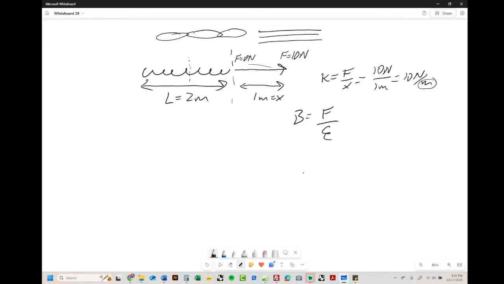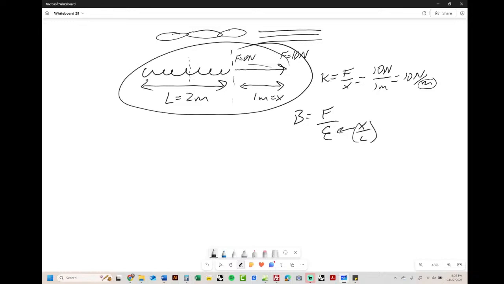And in Young's modulus, they use this symbol for strain, epsilon, and epsilon is basically the distance stretched over the length of the spring. So if we look at this example here, I'm going to calculate boing for what I've got right here. Boing is 10 newtons. That's the force.